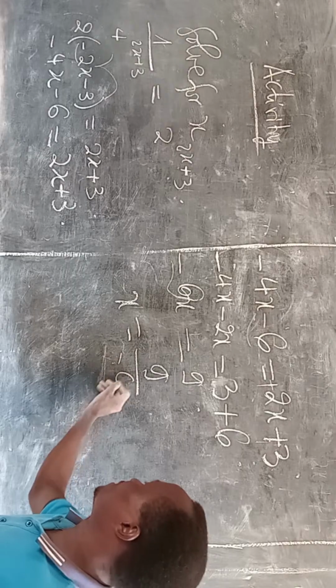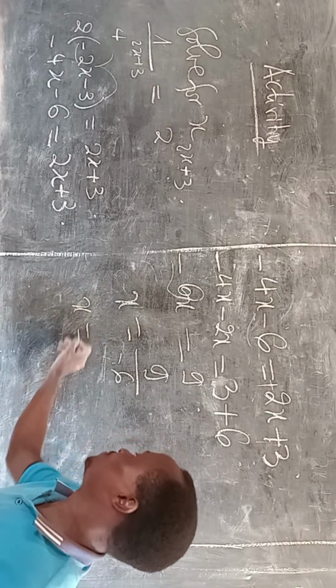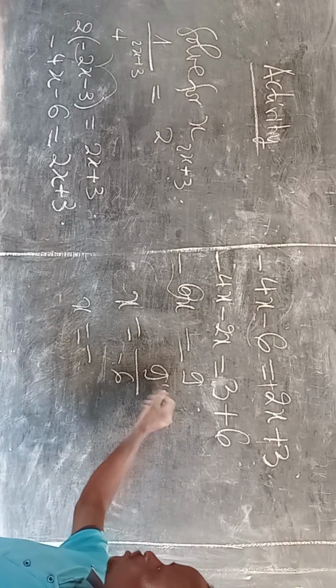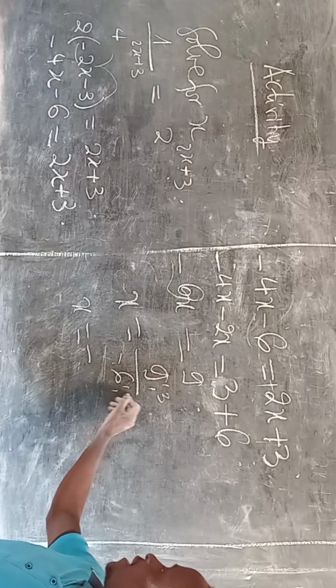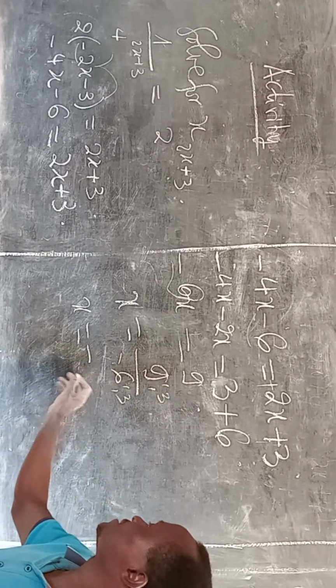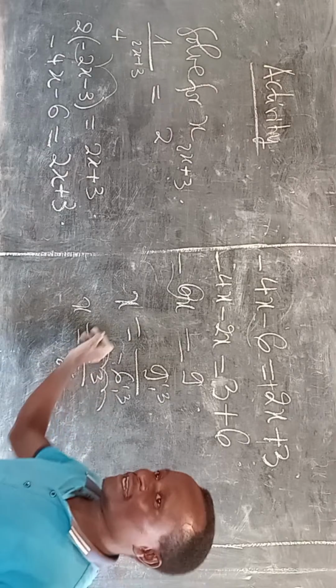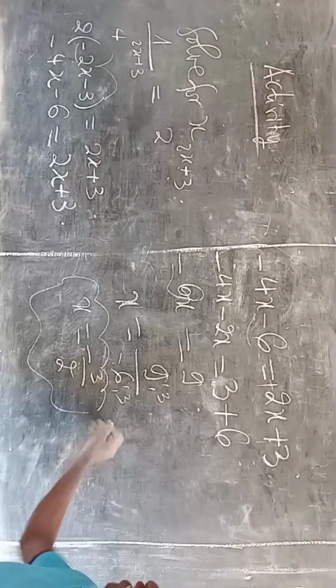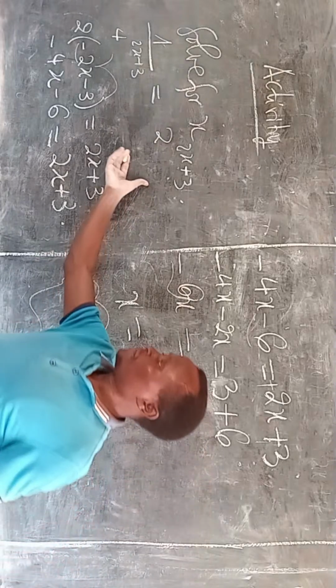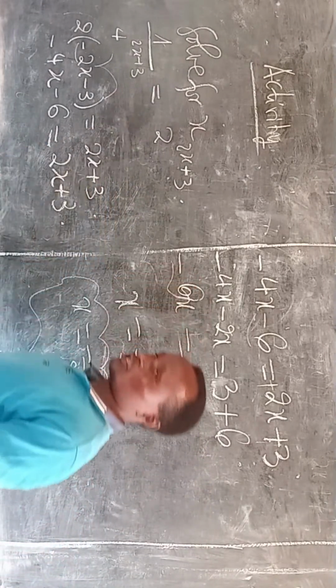Now x will be equal to minus, you have to simplify by 3, and here 3 will remain with minus 3 over 2. So this is the final solution for this given exponential equation.